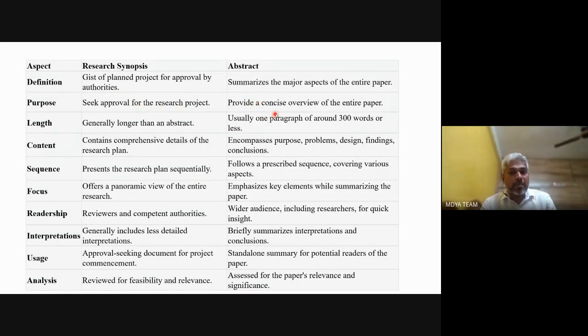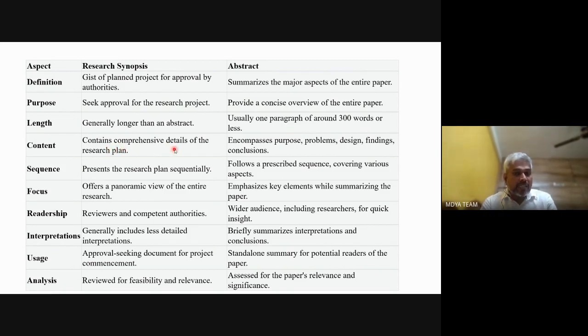And the abstract's purpose is to provide a concise overview of the entire research paper or article. Length is generally longer than an abstract. A research synopsis will always be a minimum of 15 to 25 pages, and usually one paragraph of around 300 words or less is the abstract. Content, what kind of content should be there?